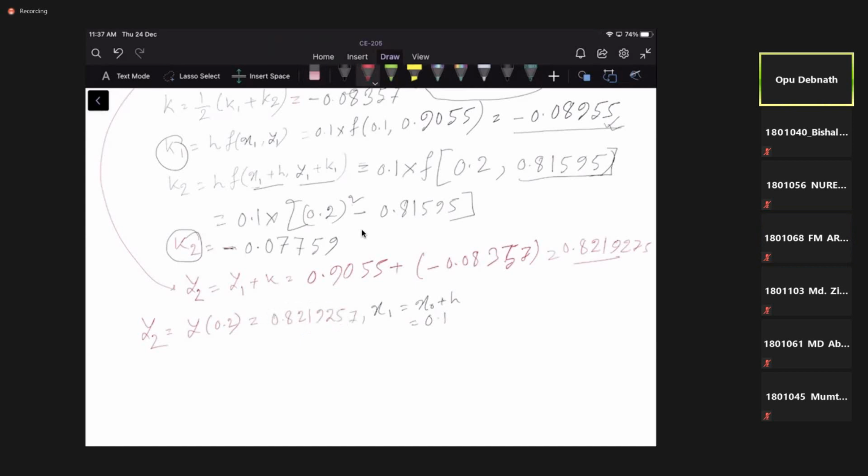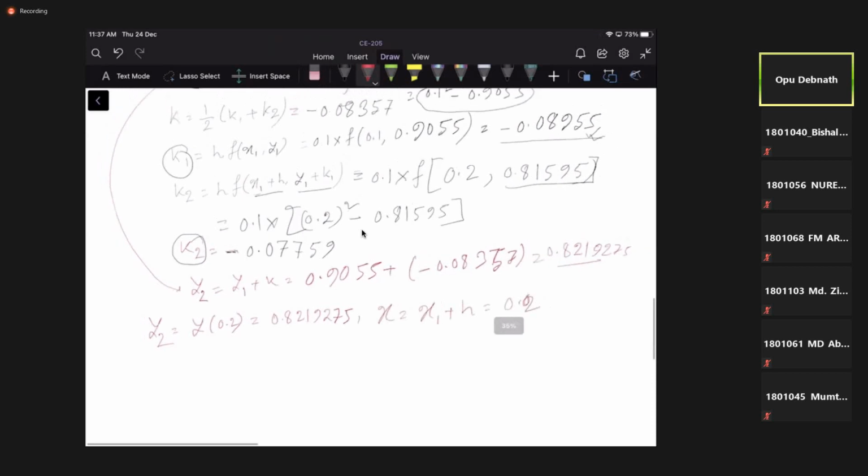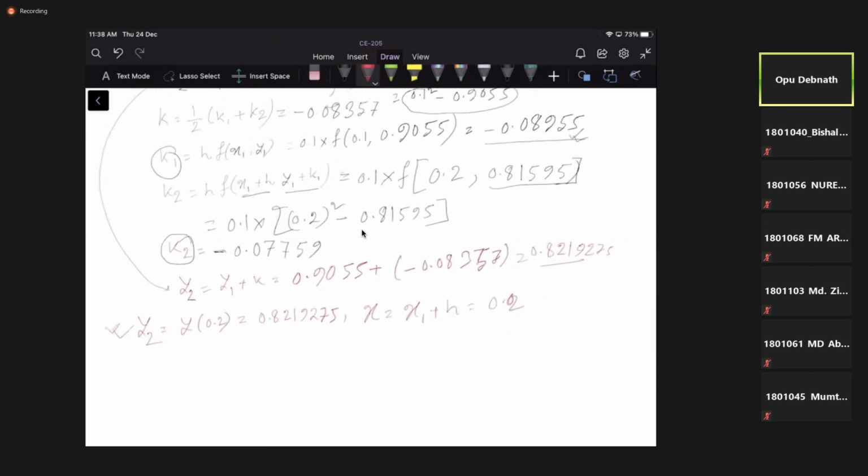This value is for x equal to x1 plus h, that means x is equal to 0.2. So this is your desired second result.